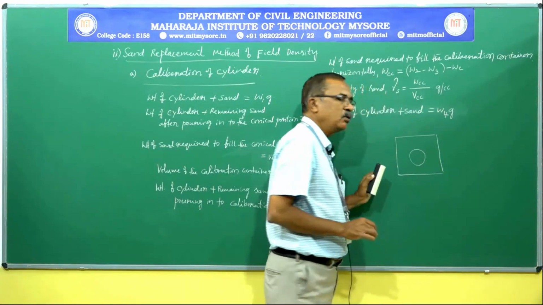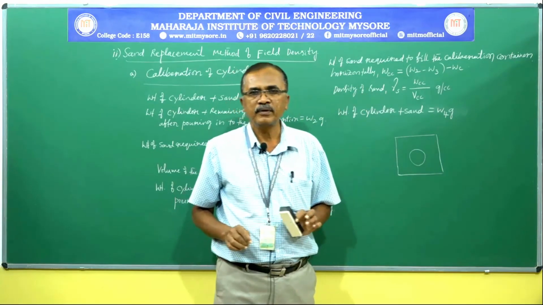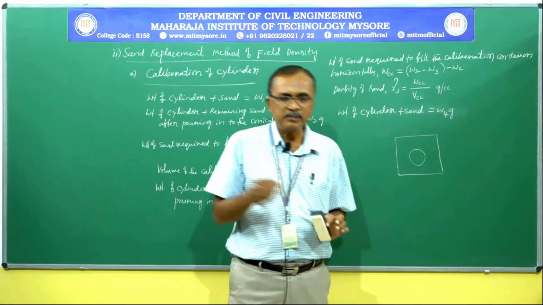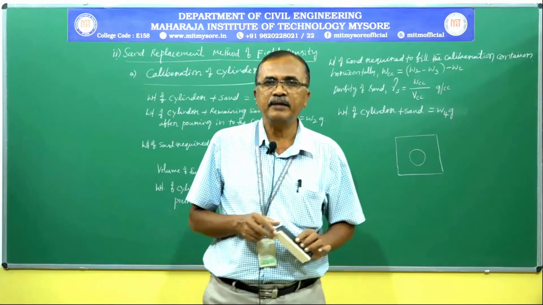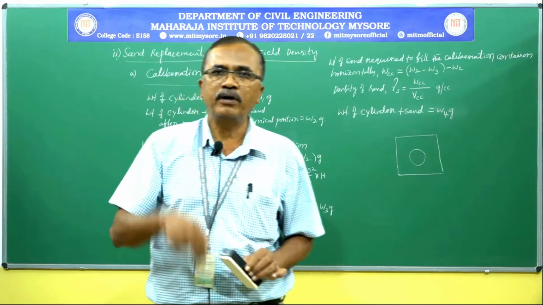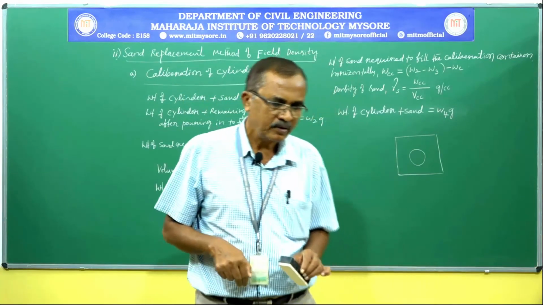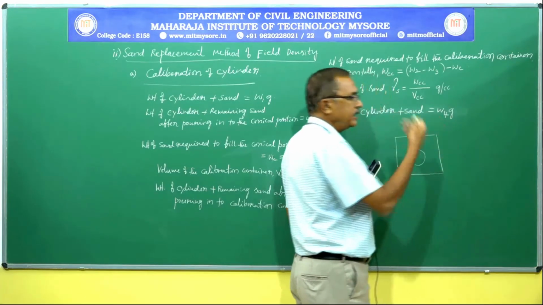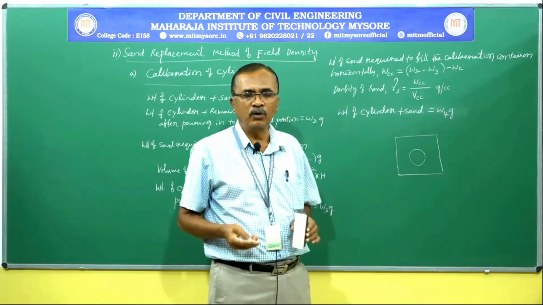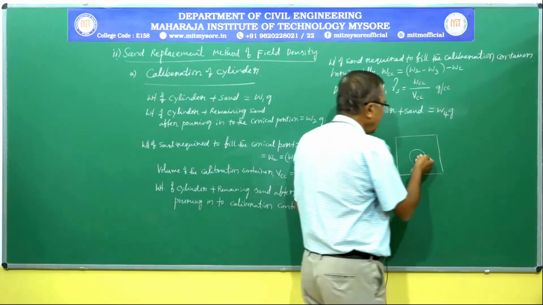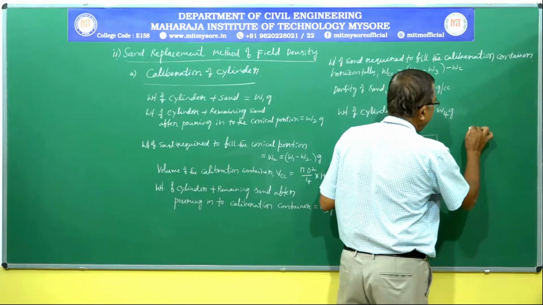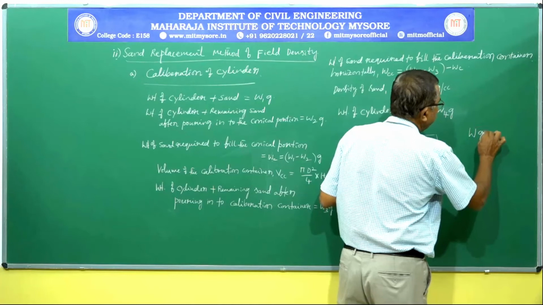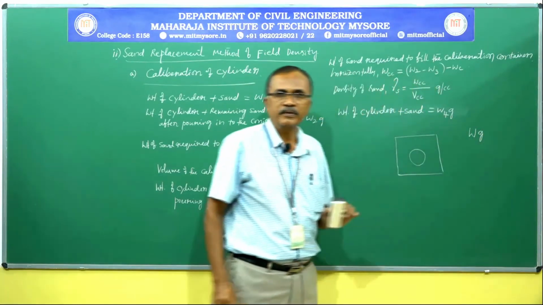After marking the central hole, you have to remove the soil approximately to a diameter of 10 millimeter and to a height of 15 centimeter. Carefully make the hole and collect the soil removed from the hole separately. Let it be W gram.